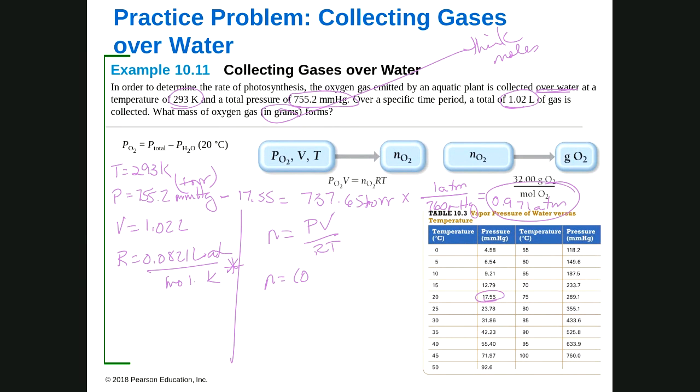All right, so 0.971 atmospheres times 1.02 liters divided by R times T. Then the number of moles is going to equal 0.041.